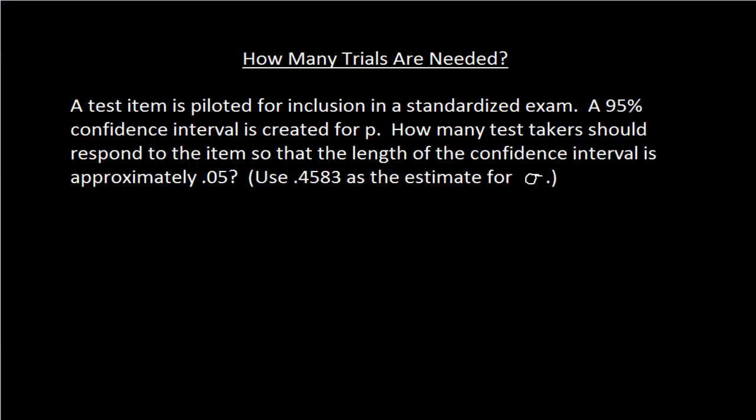And it tells us to use 0.4583 as the estimate for sigma. And one thing I forgot to type in this problem was that P is the probability that a randomly chosen test taker responds correctly to the item, just as in the last video. And this number right here, I'm going to explain how I arrived at that, just to give you a sense of how you might do that. The standard deviation for a Bernoulli random variable is the square root of p times 1 minus p.